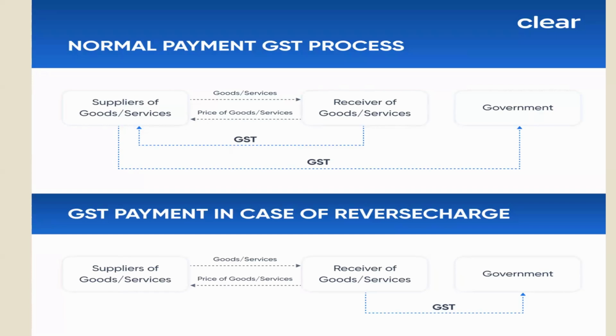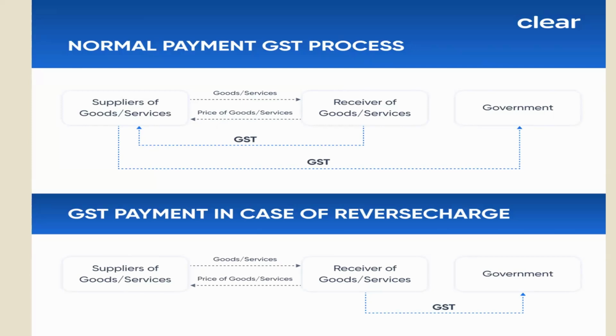Now, the GST in the case of the normal forward mechanism, as it is also called, forward charge or normal charge, will be paid by the supplier. He has raised the invoice for GST, and the supplier will get the amount of GST. So the receiver has given the GST to the supplier, and the supplier has given the GST amount to government.